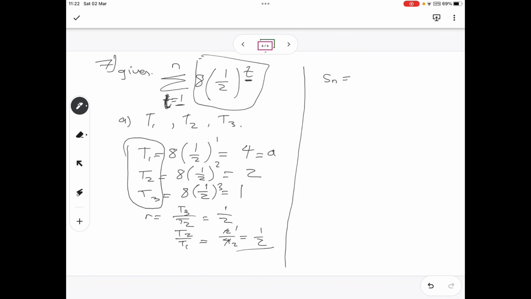So the number of terms for the sum to the nth term equals 7 and 63 over 64. I guess that equals what number?